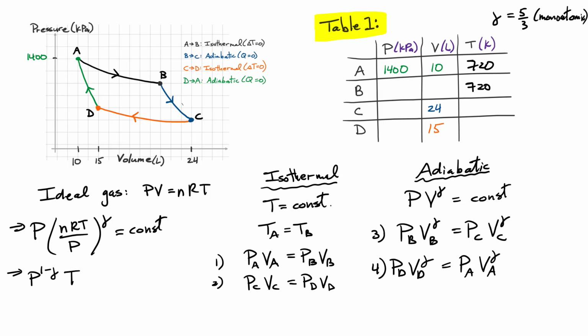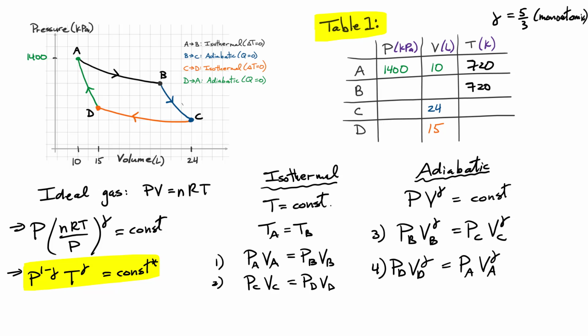I get temperature that's raised to the gamma now, and now I'm going to have the number of moles and the ideal gas constant. That's also raised to the gamma, but that's just another constant. If I bring that to the other side, I simply have just another constant, call it constant star. And now I have another relationship for adiabatic processes, but this one here doesn't involve the volume.